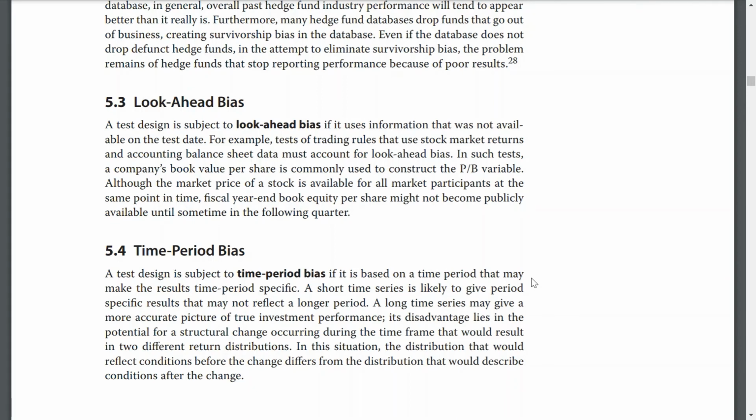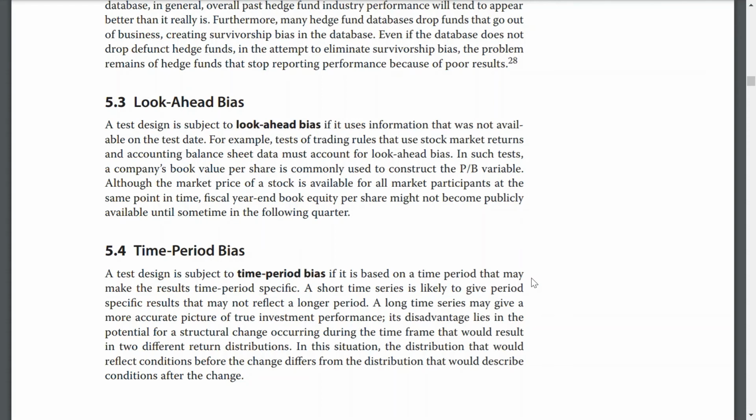Although the market price of a stock is available to all market participants at the same point in time, fiscal year-end book equity per share might not become publicly available until somewhat into the following quarter.